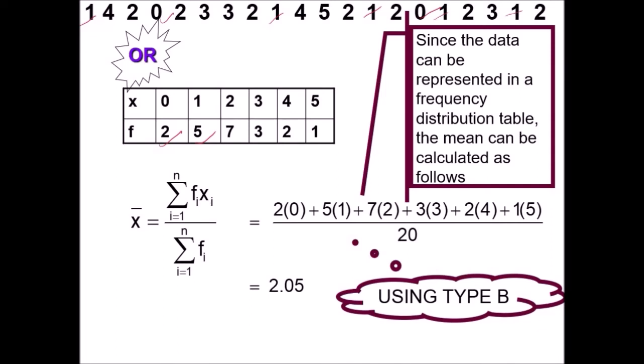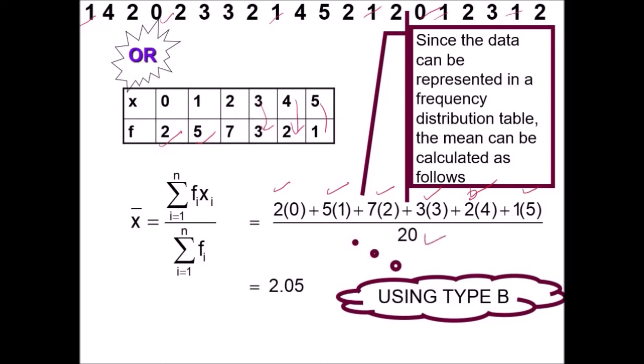Now to find the mean for this data, as we have the frequency distribution table, we find the summation of fx. That means f must be multiplied with x: 0 multiplied with 2, plus 1 multiplied with 5, 2 multiplied with 7, 3 multiplied with 3, 4 multiplied with 2, and 5 multiplied with 1.